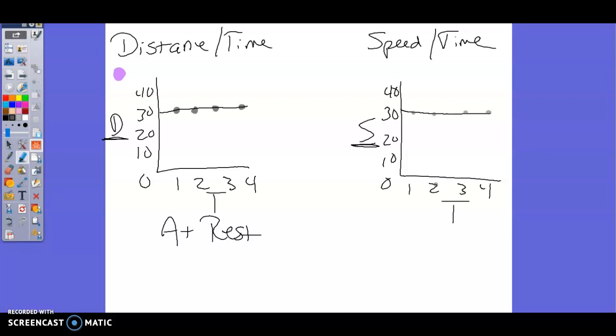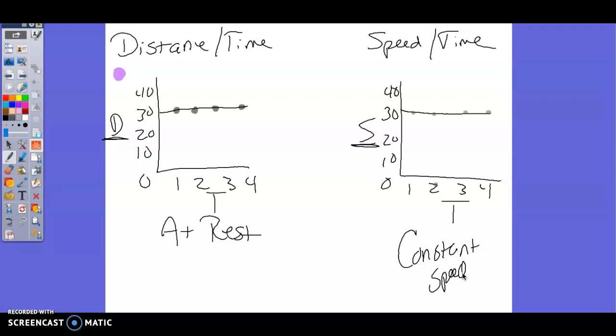If you're going 30 miles an hour, you are most definitely not at rest. What would we label this graph? Brianna? This is a constant speed. A constant speed. So we see these two different graphs.